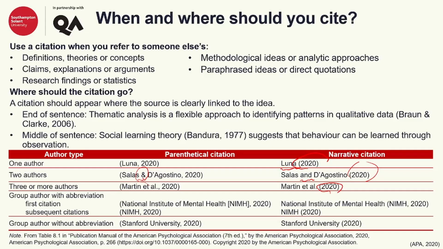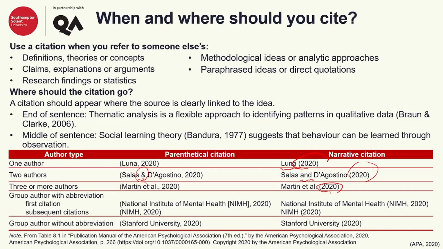An organization can also be the author. When the group author has a well-known abbreviation, write the full name and introduce the abbreviation on the first citation. For example, the first parenthetical citation gives National Institute of Mental Health, followed by NIMH in square brackets and the year.